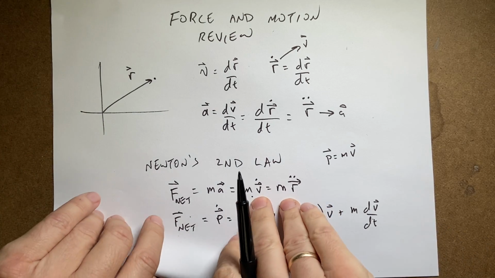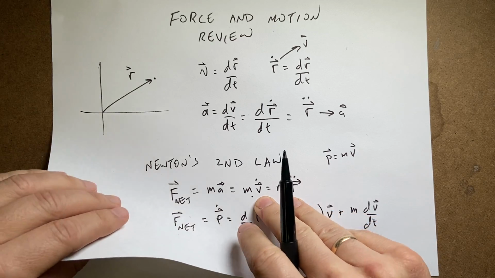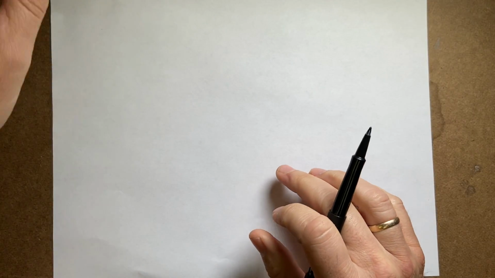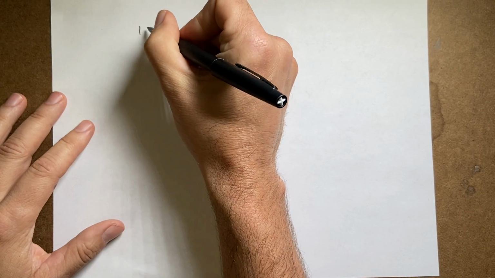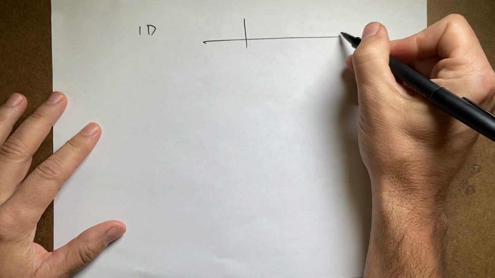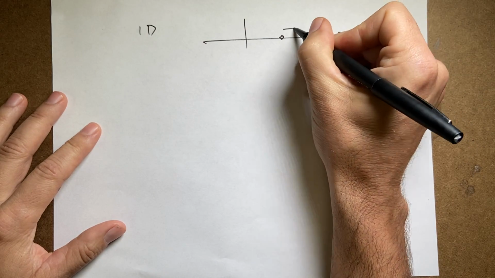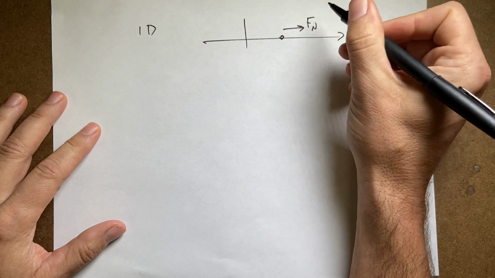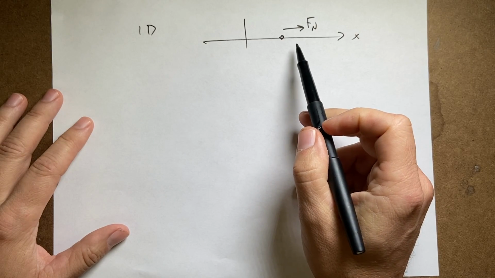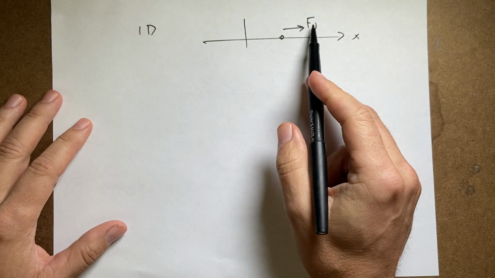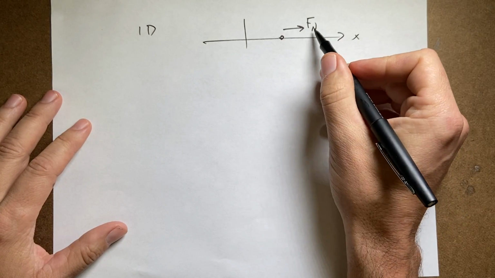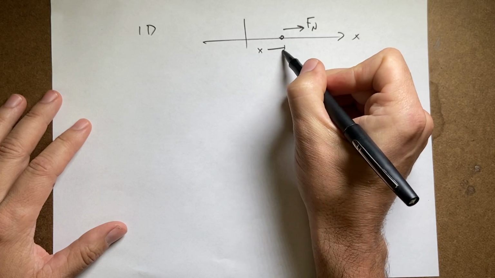Okay, now let's look at one dimension and let's rederive the kinematic equations. So in 1D, here I have an object in the x direction, and it has some force on it, F net. It's not a vector, okay, because I have it in one dimension. So it could be positive or negative. And this is my value x.